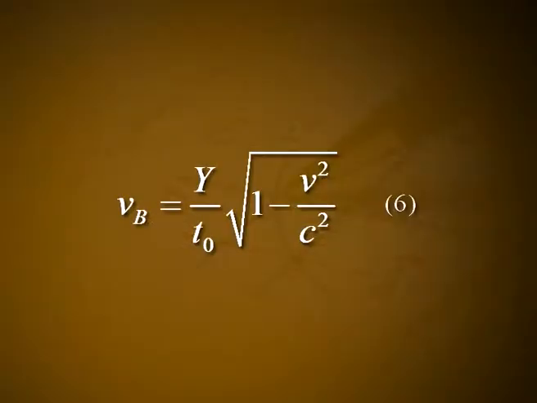Substituting the value of t in equation 4, we get Vb is equal to y divided by t naught into square root of 1 minus v square by c square, let it be equation number 6. From equation 1, Va is equal to y divided by t naught, let it be equation number 7.